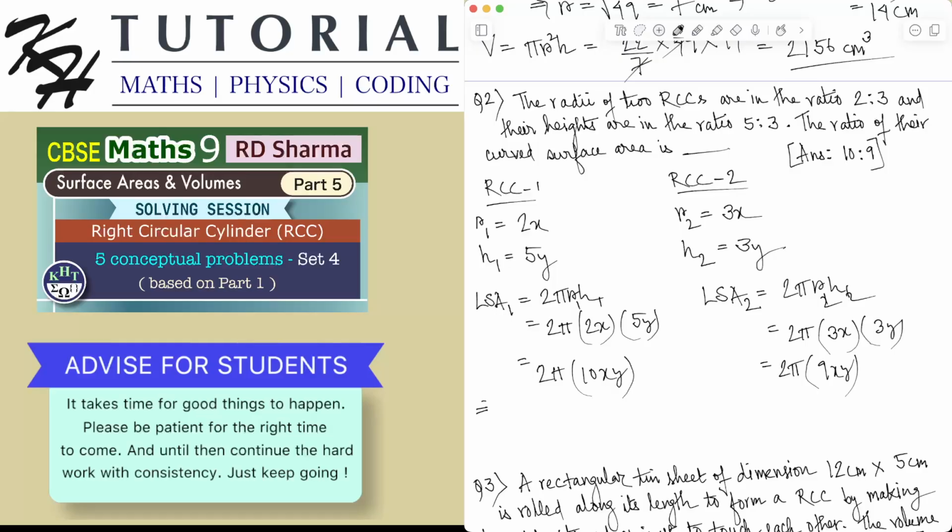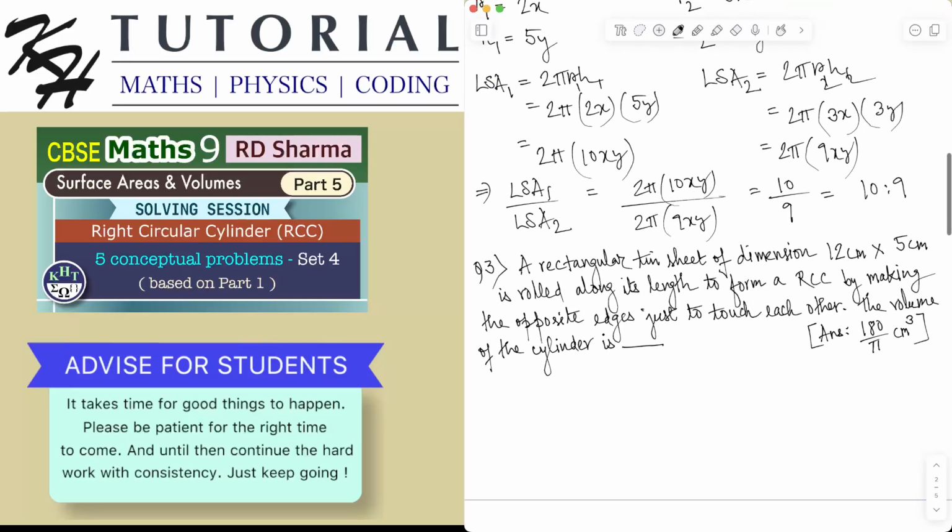So LSA1 by LSA2, the ratio of the lateral surface area or the curved surface area, will be 2 pi multiplied by 10xy divided by 2 pi multiplied by 9xy. If you simplify, this will be 10 by 9, so the ratio is 10:9.